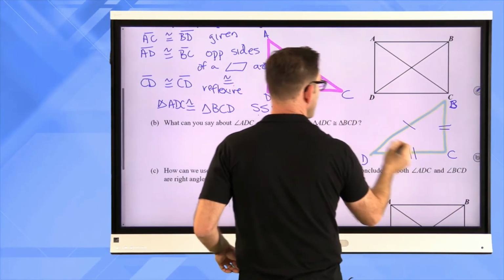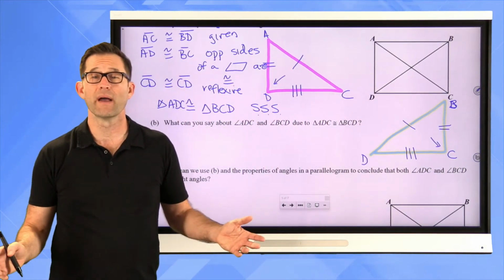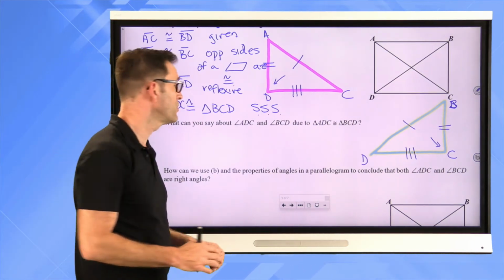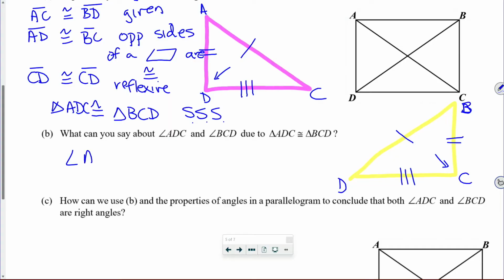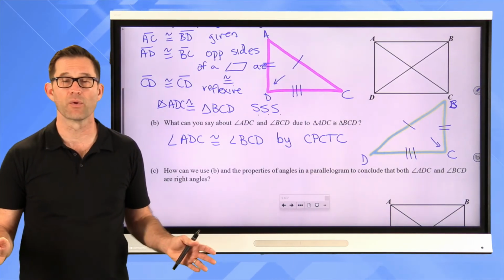So I'm talking about this angle and this angle. What can I say about those two angles based on the fact that those two triangles are congruent? I can say they're congruent to each other, right? So angle ADC must be congruent to angle BCD by CPCTC, right? By CPCTC, those two angles are congruent.